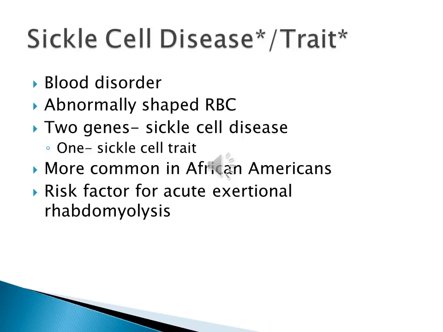An individual will have a breakdown in muscle tissue, and the myoglobin, a muscle protein, starts to circulate throughout the body. Because of the overload of this protein, it has to go through the kidneys, and the kidneys become overwhelmed, and the individual can experience kidney failure.